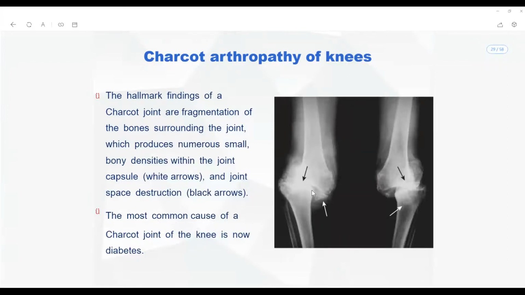Which means there is a significant joint deformity down here. There is a lot of angular deformity, which is causing the knee to bend, and that is happening because of loss of integrity along the joint capsule. That one is called a Charcot arthropathy.